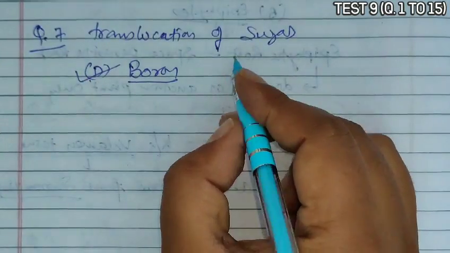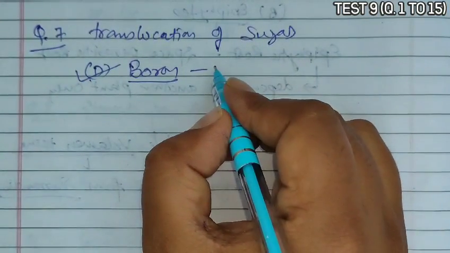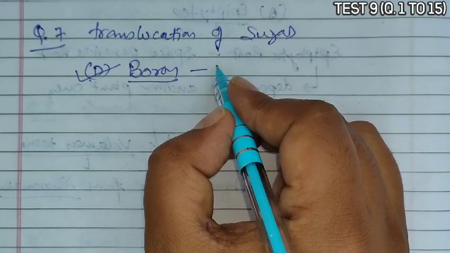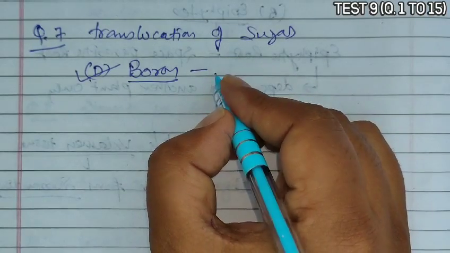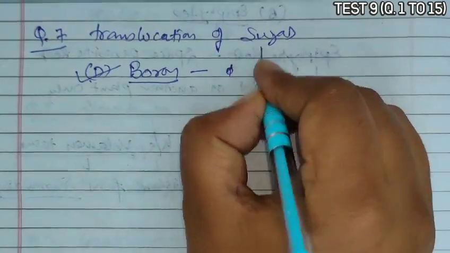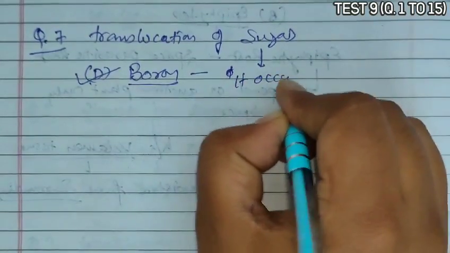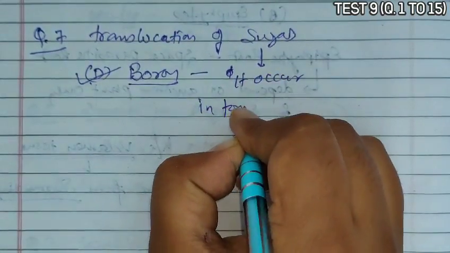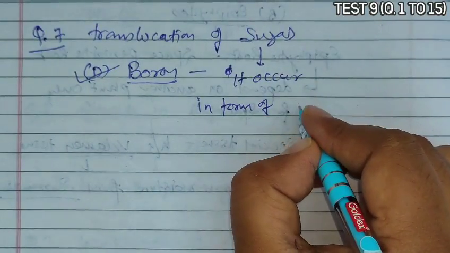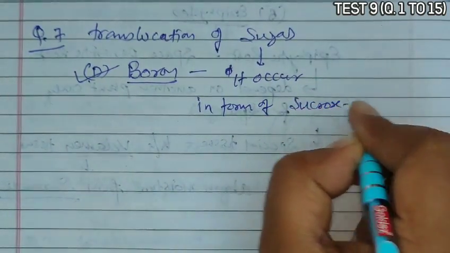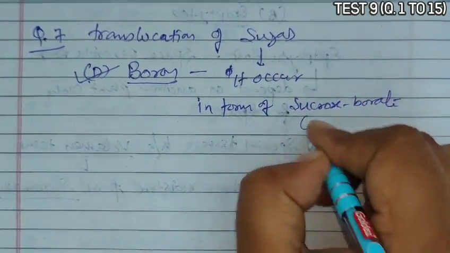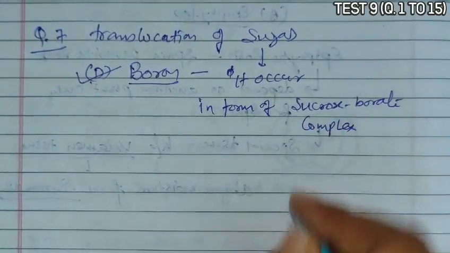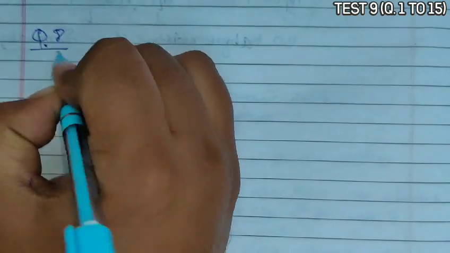Because boron is highly essential for translocation of sugar, and translocation of sugar occurs in the form of sucrose borate complex.